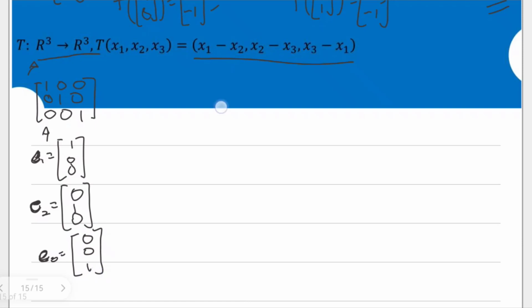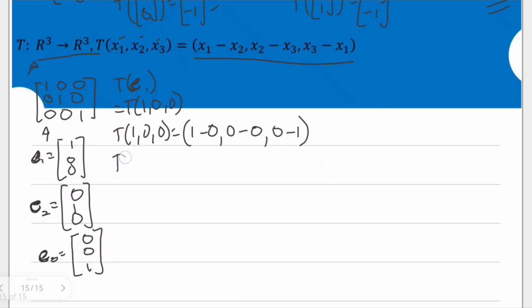Same thing, we are going to solve for the linear transformation of each vector. So we have the linear transformation of 1, 0, 0, where x sub 1 is 1, x sub 2 is 0, and x sub 3 is 0. So you have 1 minus 0, 0 minus 0, then 0 minus 1. In short, the linear transformation of 1, 0, 0 is equal to 1, 0, negative 1.